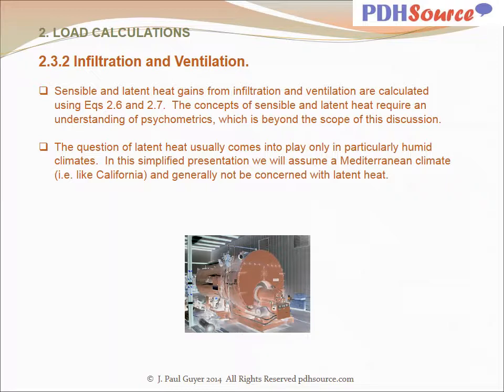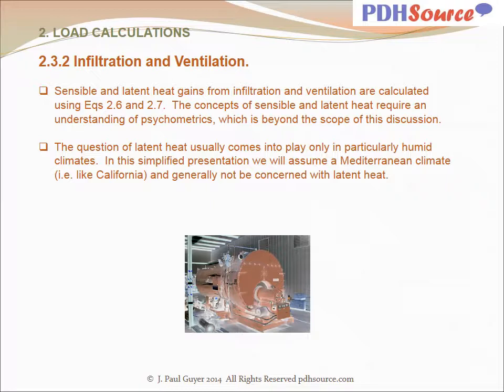In doing the cooling load calculation, you also take into account the cooling load due to infiltration and ventilation. Again, infiltration is outside air that gets into the building inadvertently, and ventilation is outside air that you bring into the building intentionally for air quality purposes, to prevent the air from getting smelly and unhealthful and causing mold to grow and things like that.